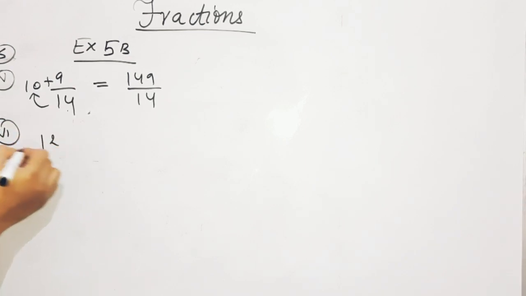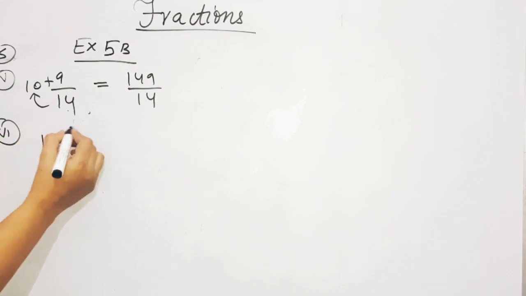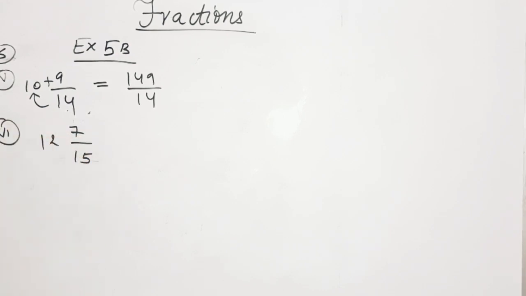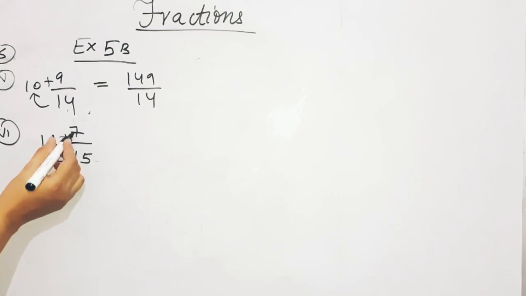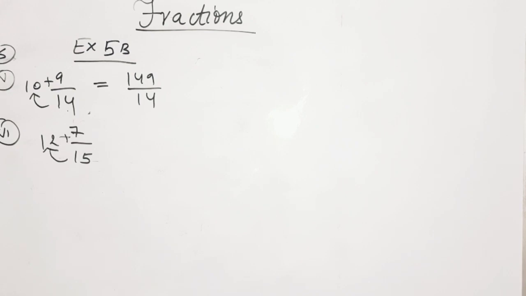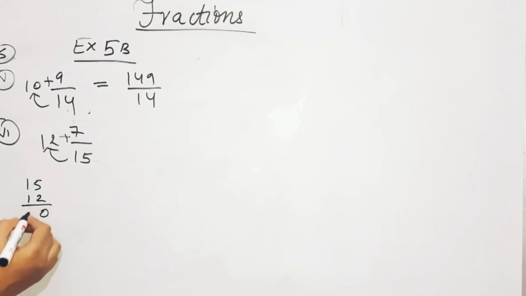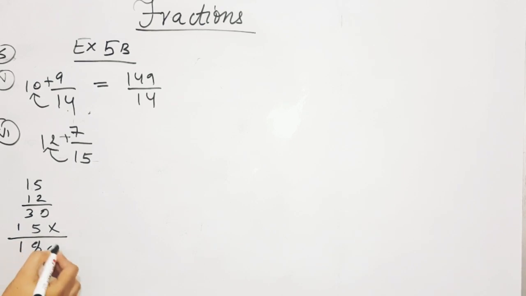Now the next one is the sixth one. So it is 12 whole 7/15. So now again 15 will be multiplied with 12 and 7 will be added to it. So 15 multiplied by 12, I think the answer is, 1 5s are 5, 2 5s are 10, 2 1s are 2, 3, 1 5s are 5, 1 1s are 1, 180.